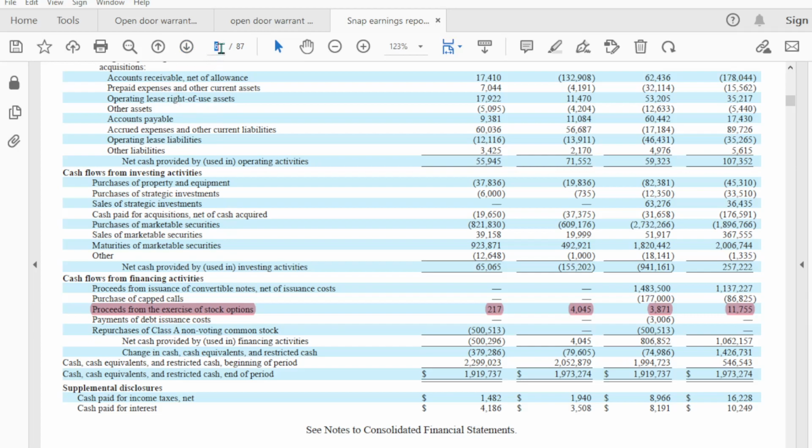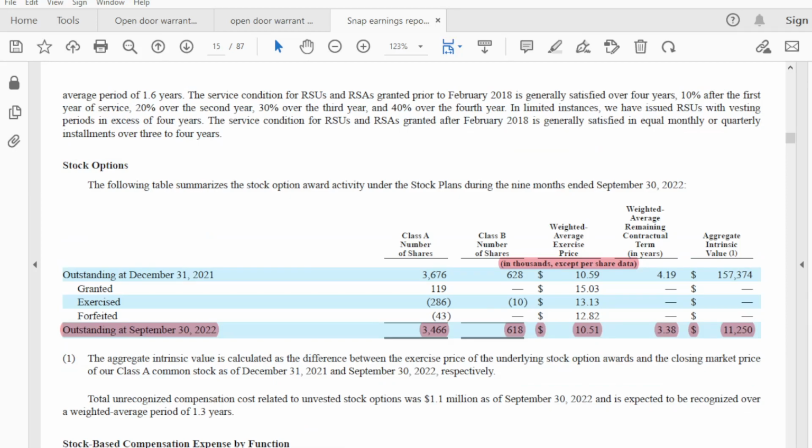Now let's go ahead and look at something else. I'm going to go to page 15 if you guys follow along. Right here on page 15, it says outstanding at September 30th, 2022, they had stock options that were going to be dilutive of about 3,466,000 shares.